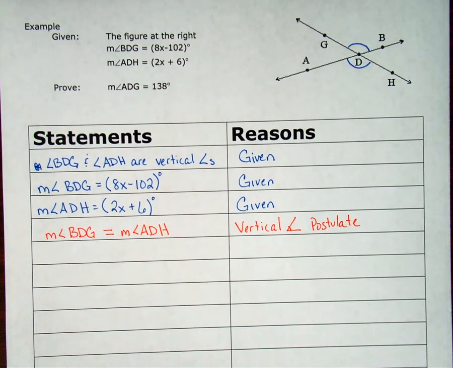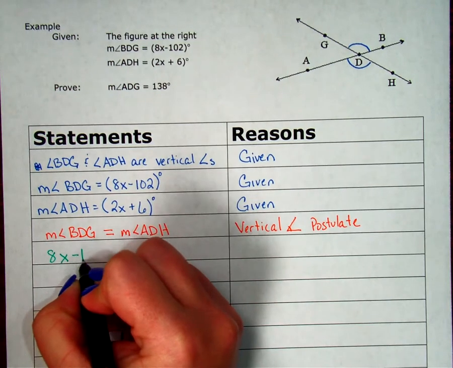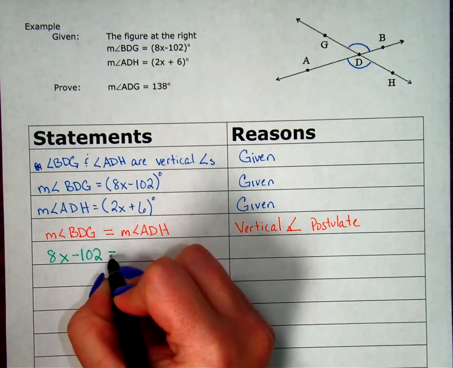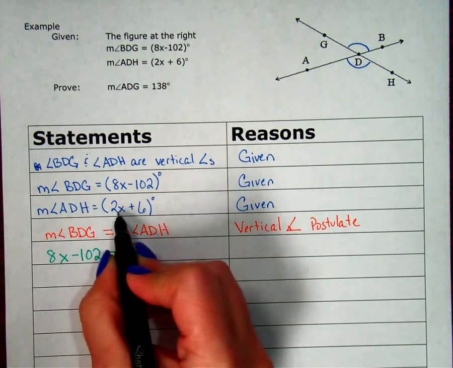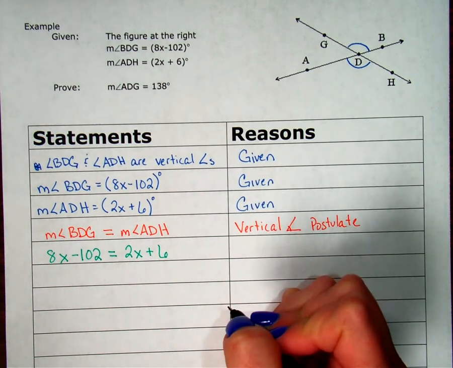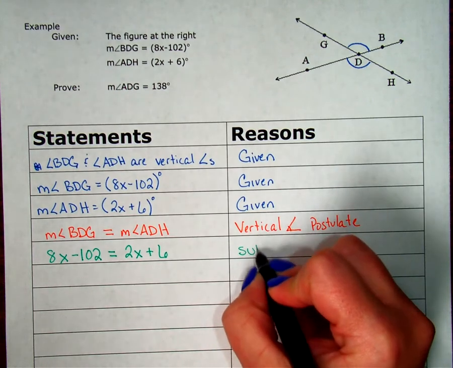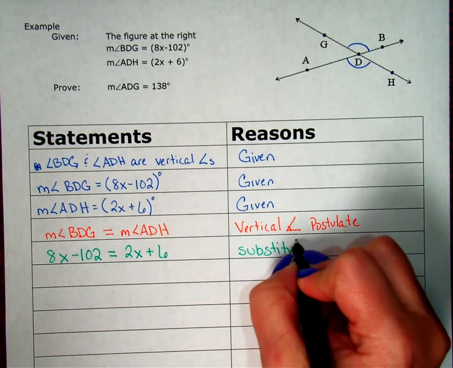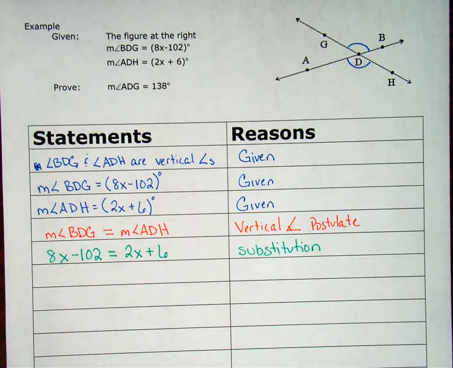Okay? So now that I have an equation, I can substitute into that equation. I can say the measure of angle BDG is really 8x minus 102. That equals the measure of angle ADH, which is really 2x plus 6. Okay, and I used substitution. Okay, so now let's go ahead and solve this.